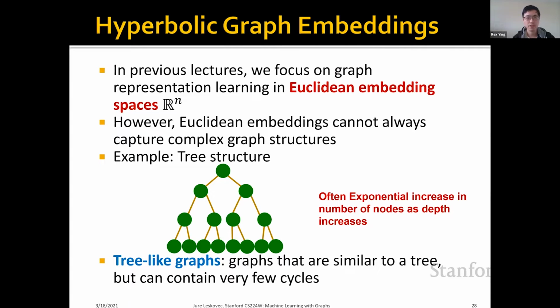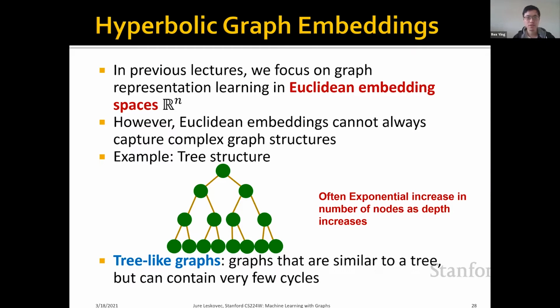Here we have an example of a tree structure, a complete binary tree, where at the first level we observe one node, at the second level we have two nodes, and at the third level we have four nodes, etc. In this kind of tree-like structure, there is often an exponential increase in the number of nodes as the depth of the tree increases.